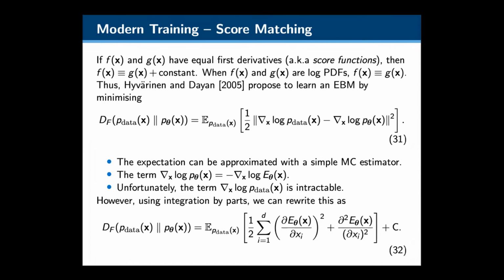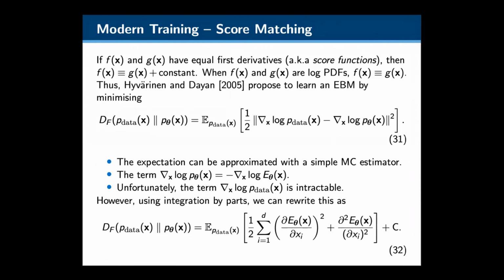Luckily, we can use integration by parts, and this again is shown by Hyvärinen and Dayan. Using integration by parts, we can rewrite the Fisher divergence in a way that it doesn't depend on this intractable term.